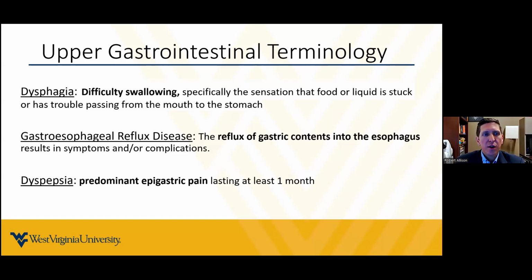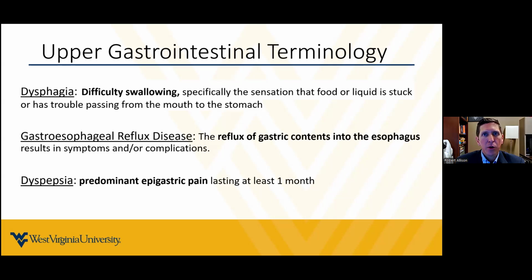Now, that's a little different than gastroesophageal reflux disease, because that is the traditional heartburn or sometimes epigastric pain, but more that chronic reflux-like presentation where the gastric contents are coming back up through the esophagus and leading to symptoms, but also to some complications. And lastly is dyspepsia. And that is truly epigastric pain.